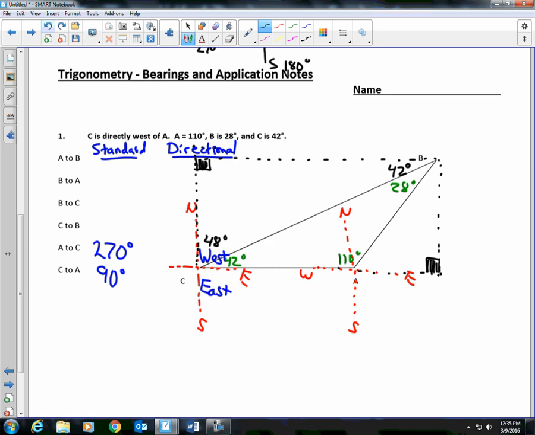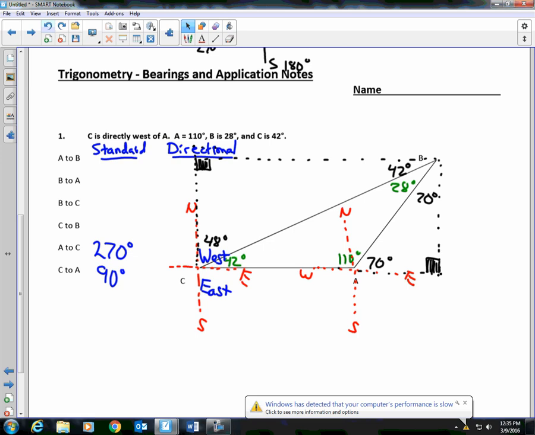So see this right triangle? Okay, this is a 90-degree angle right here. So 90 minus 42 minus 28, right? 20. So that's 20 degrees. What would this be down here? I'm even going to include one more. I don't have to do this, but I'm going to choose to.